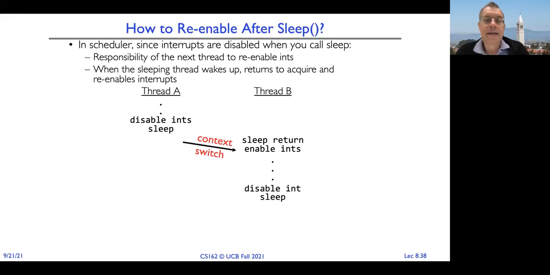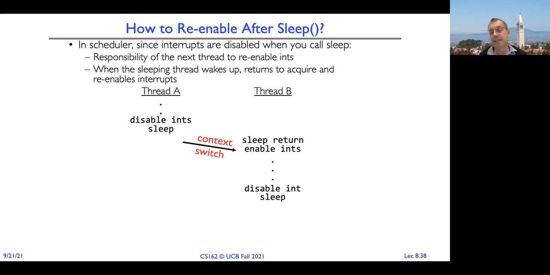But this is the solution here, right? And the nice thing about the solution is, if the thread which goes to sleep cannot enable the interrupts because it already went to sleep, the solution is for the next thread, when you return from the sleep, to enable the interrupts, right?